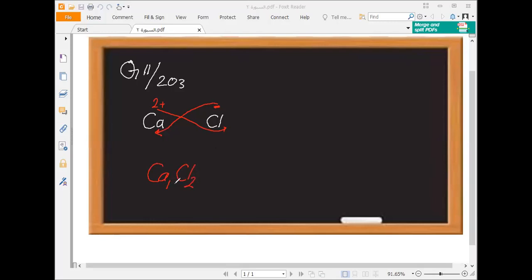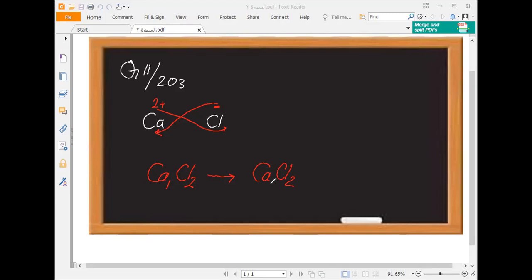Now, do we write 1? No. So the chemical formula actually is CaCl2. This is the answer of question number 11.